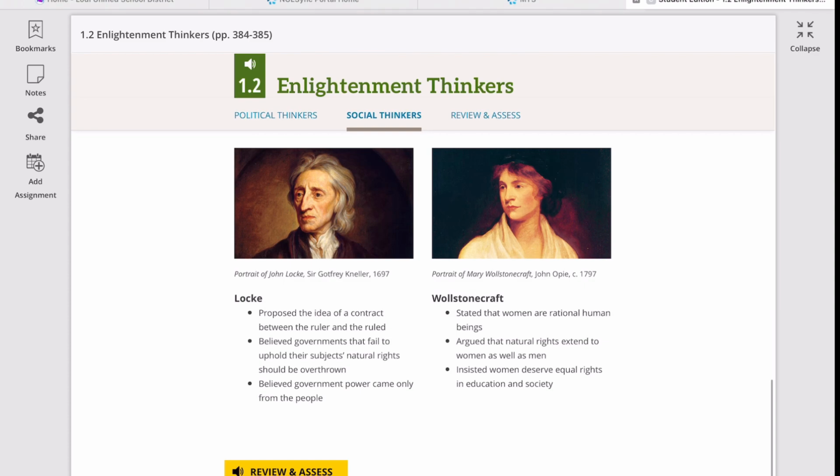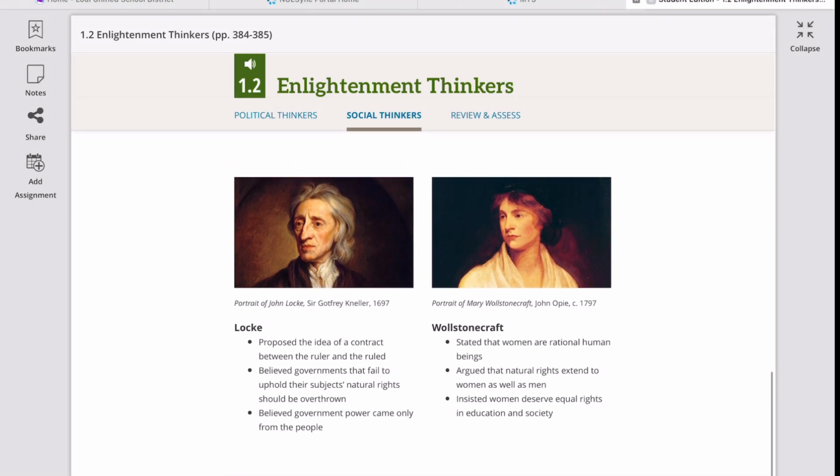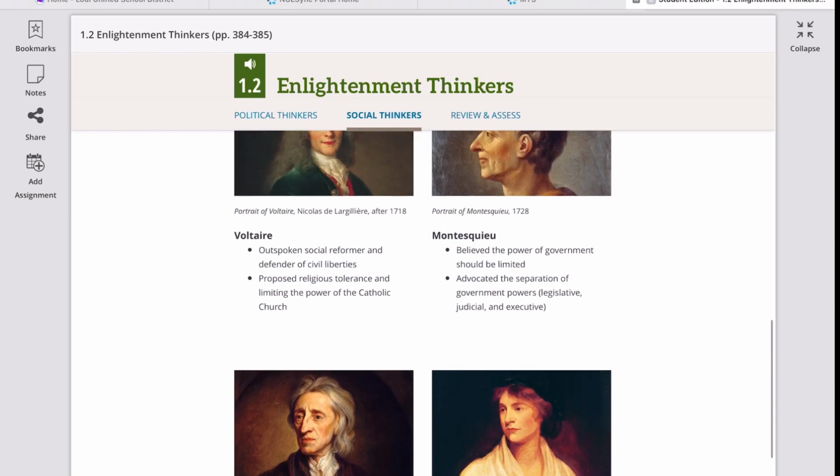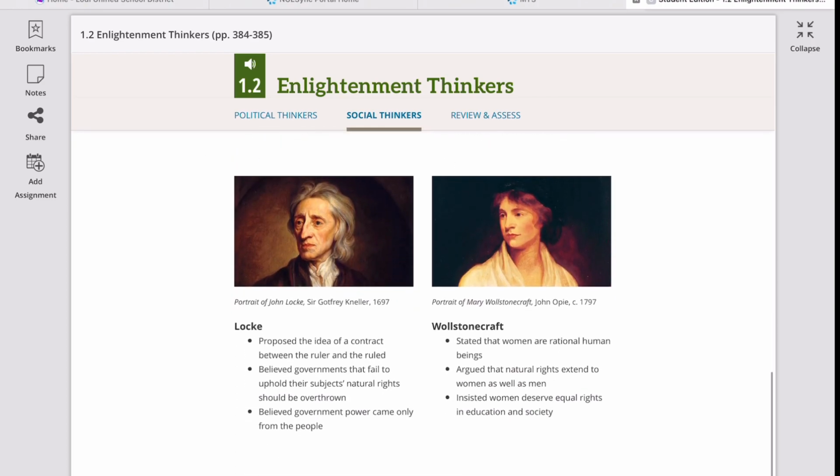She stated that women are rational human beings, argued that natural rights extend to women as well as men, and insisted women deserve equal rights in education and society. Of course, there are still so many challenges that women face today, but during her time, these rights that many women enjoy today were almost non-existent. For example, education and voting rights.